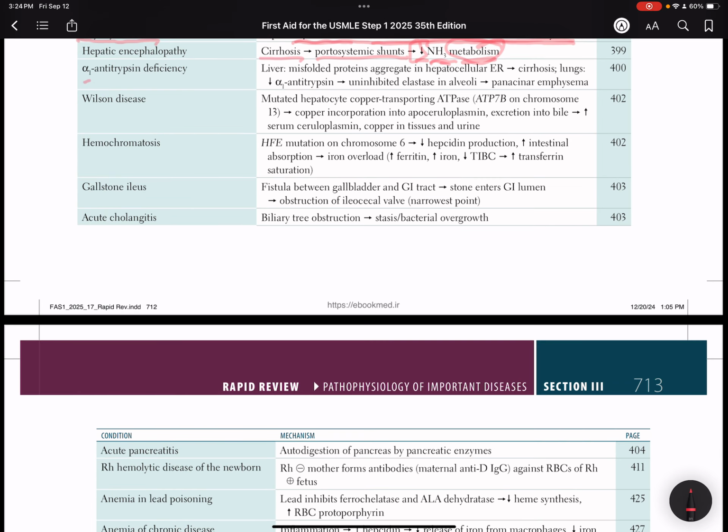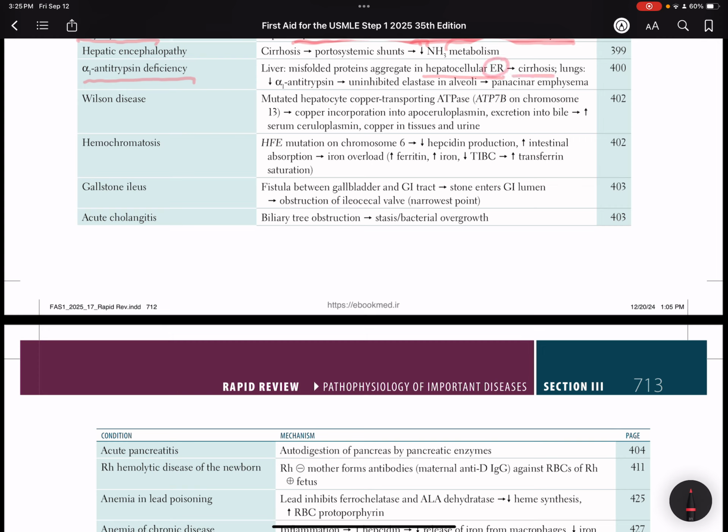Next condition is alpha-1 antitrypsin deficiency. You see it in two places, liver and lung, LL. In liver, misfolded proteins aggregate in hepatocellular endoplasmic reticulum.